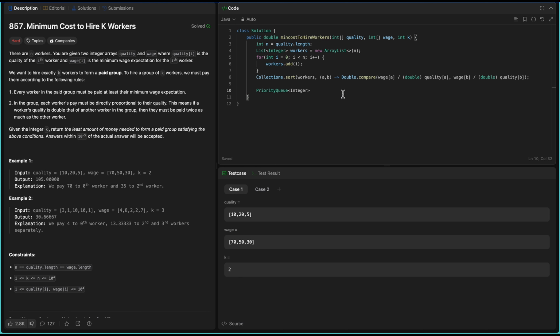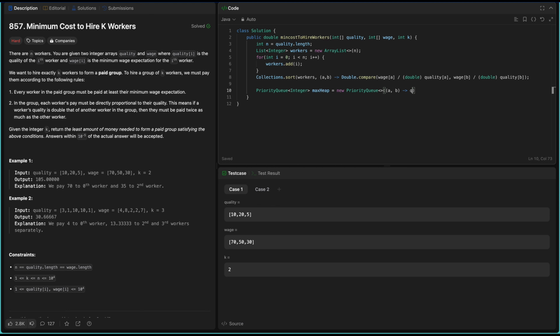So we'll see how. We can say max heap new priority queue. And again, in terms of comparator, we can pass two indices again. This way we don't have to create any tuple or anything to store the value like we discussed earlier.